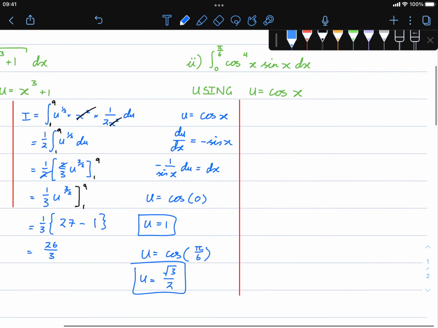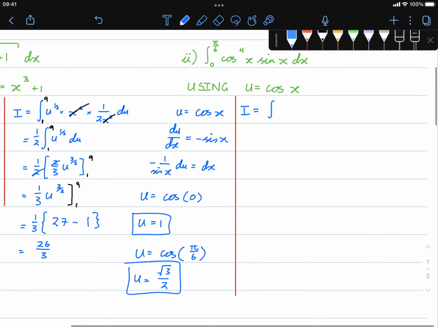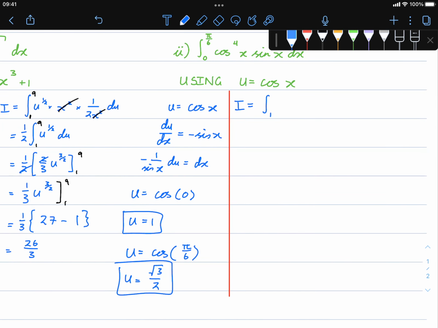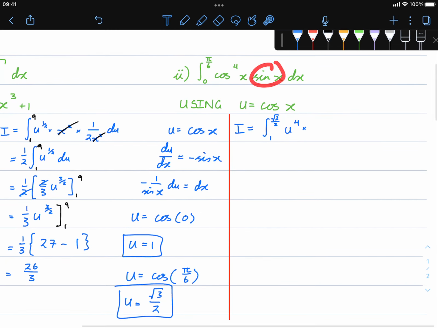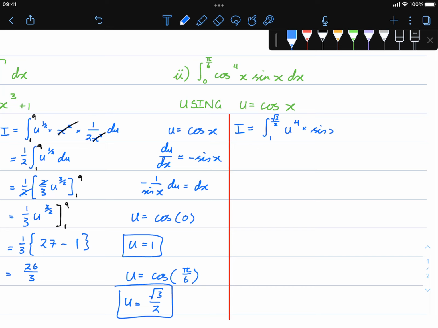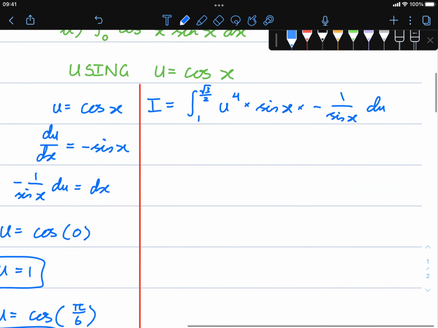So substituting all these values that we need, our integral is now actually going to be from 1 to root 3 on 2 of cos of x, which is now going to be u, that's u to the power of 4, times sine x times dx, which is now going to be negative 1 on sine x du.